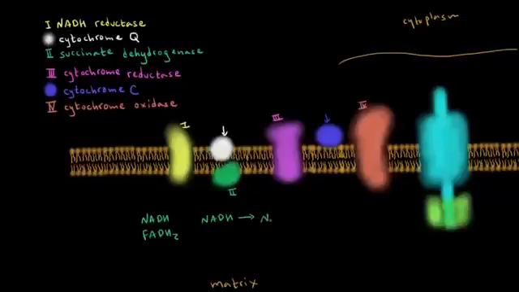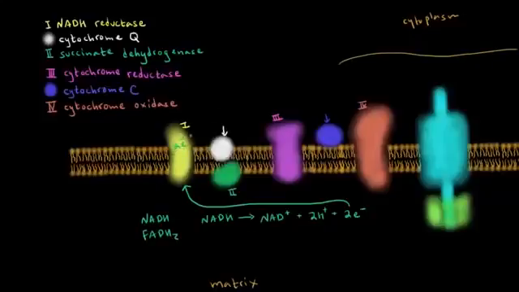NADH will turn into NAD plus 2 hydrogen ions plus 2 electrons. So it got oxidized. It lost electrons. And those 2 electrons are going to go on to enzyme number 1. So while NADH lost electrons and got oxidized, the first enzyme gained electrons or got reduced.